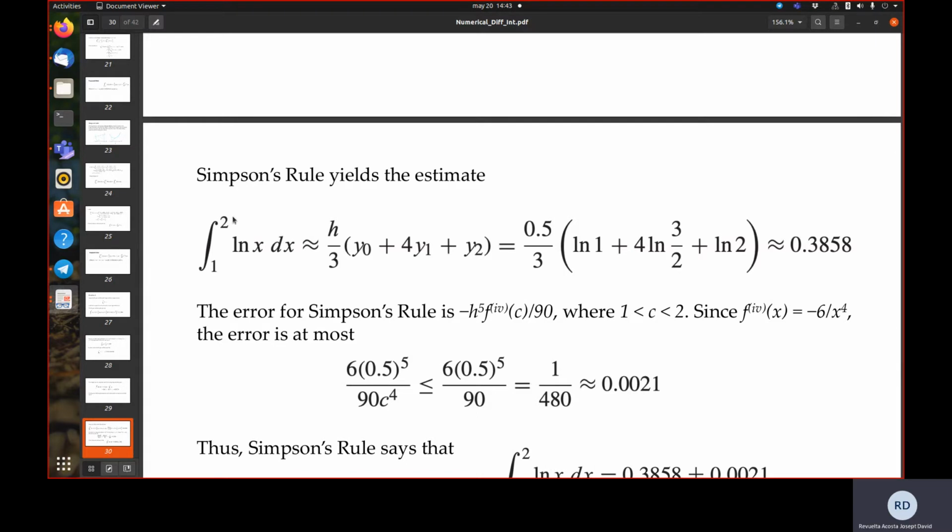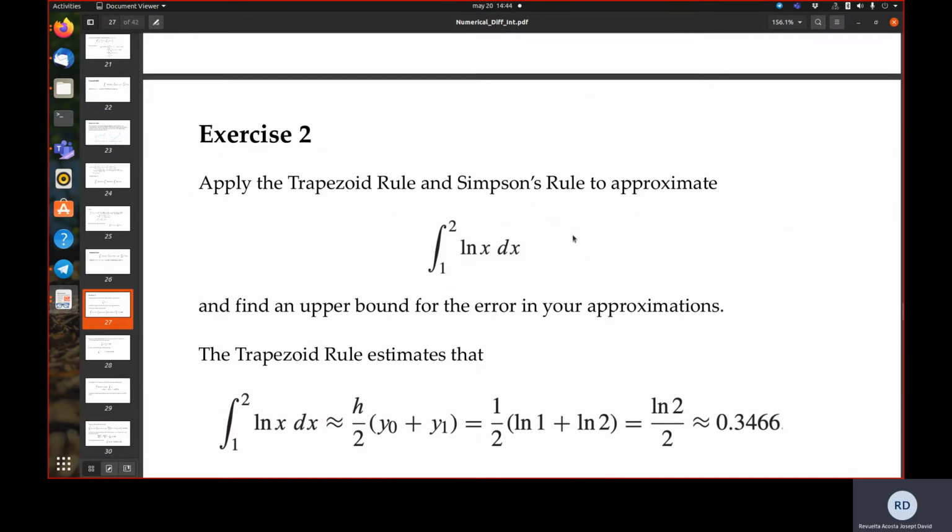This has to be 1.5 here, and for the upper limit 2 minus 0.5 is going to be 1.5. So the distance between this point and the middle one, and this point and the middle one, is equal to 0.5, which is consistent with what we said here.